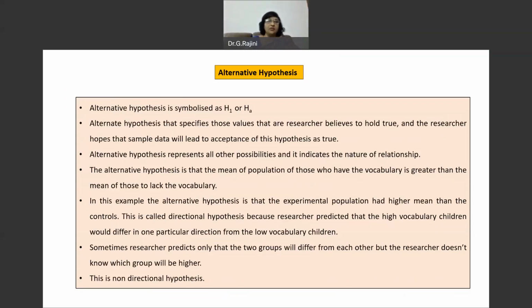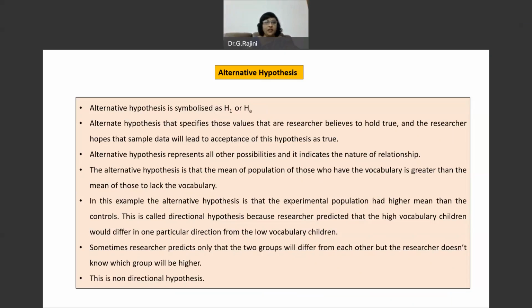Okay, so the alternate hypothesis is exactly the opposite of the null hypothesis. Supposing you state that there is no significant difference in the mean values of job satisfaction based on the department. If that is the null hypothesis, the alternate hypothesis is there is a significant difference in the job satisfaction of employees based on the department. That becomes the alternate hypothesis.